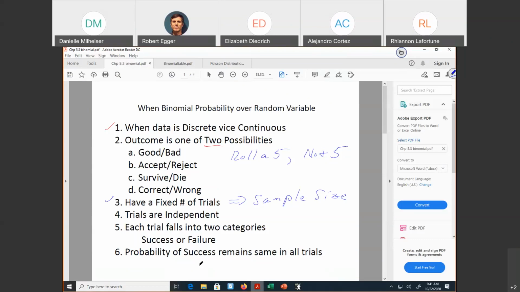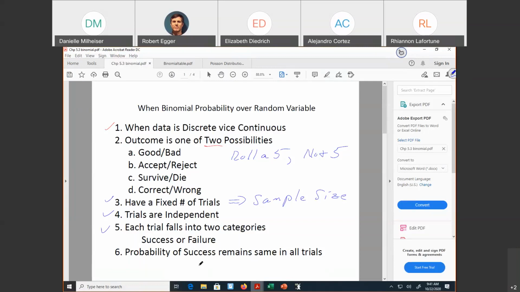Trials have to be independent. So the second event isn't influenced by the first event. This kind of goes back to part 2.